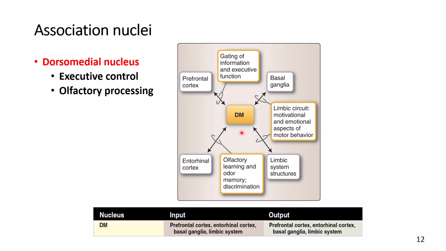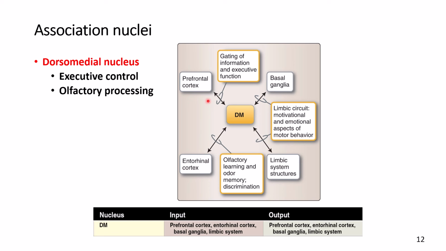So that is for emotional response to any kind of motor activity. And the dorsomedial nucleus is also connected with the basal ganglia. The basal ganglia function is for coordination of limb motor activity, so that way it helps with the motor activity.